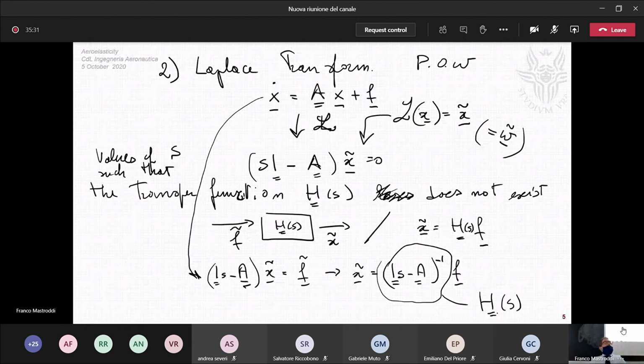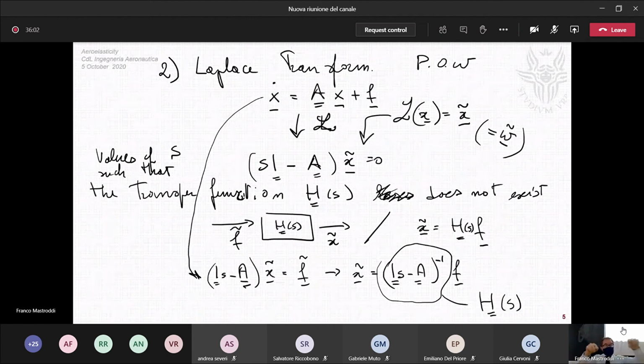And so, what about the poles in the Laplace transform world? The poles are the values of s such that the transfer function does not exist. I mean, a singularity point for the transfer function. And how can I find this singularity point? Imposing that the determinant of H has no meaning, goes to infinity.